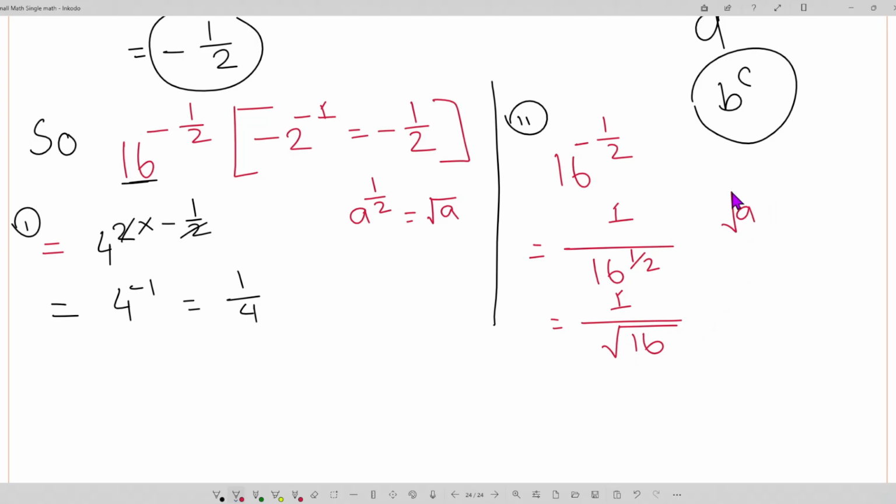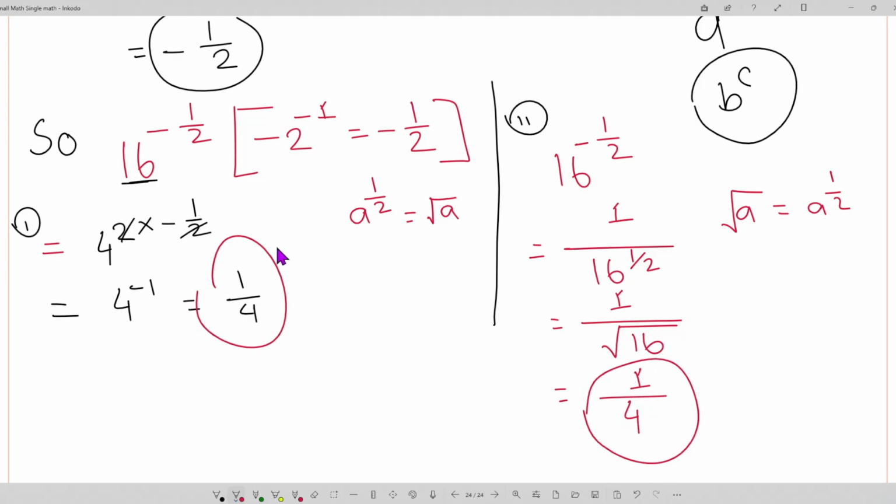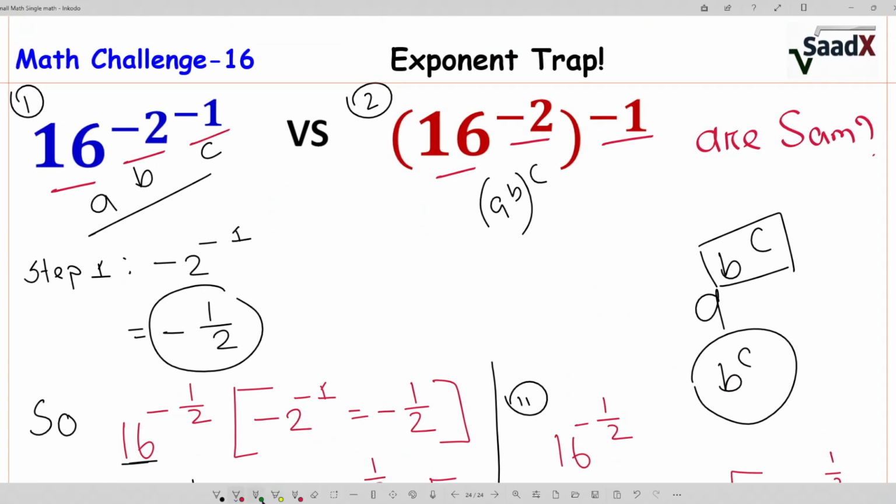Root a and a to the power 1 by 2 are the same thing. So 1 by root 16 is 1 by 4. So 1 by 4, 1 by 4, same. It means 16 to the power minus 2 to the power minus 1, the result is 1 by 4.